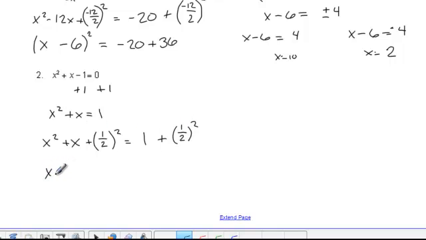Factor this out into a perfect square trinomial. That is going to be x plus 1/2 squared equals 5 over 4.